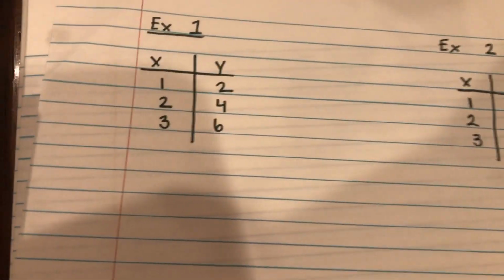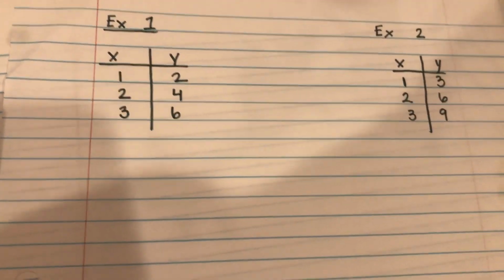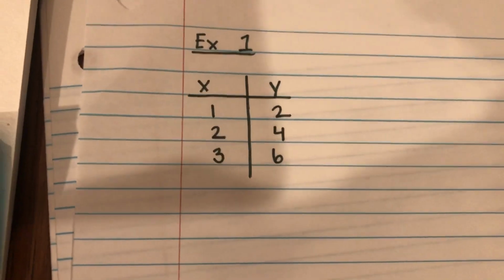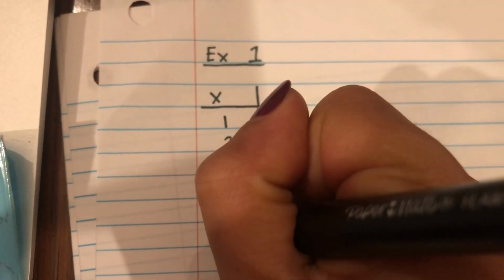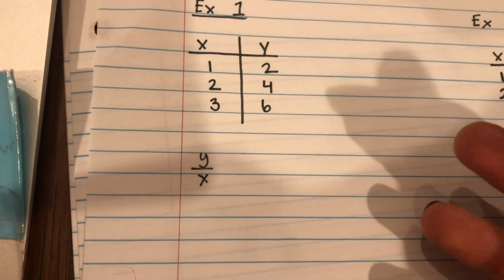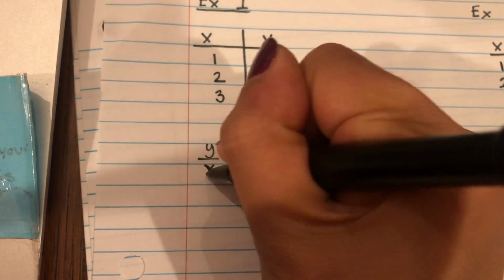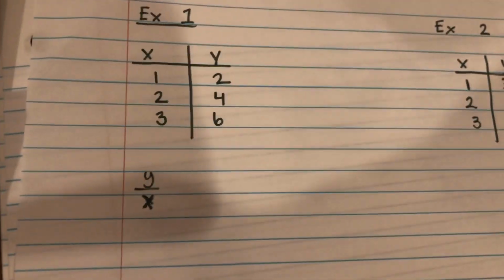So if I want to figure out if this table is proportional for example 1, and I'm going to zoom in here, the first thing we usually do is look at our ratios as y over x. That's what we're going to practice.